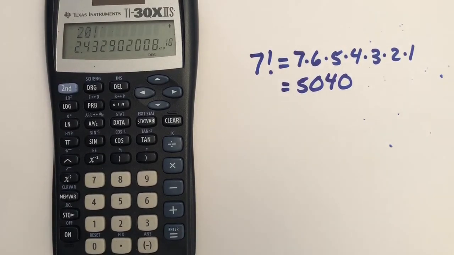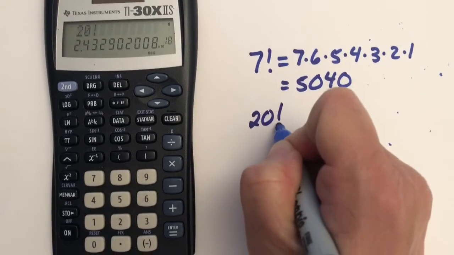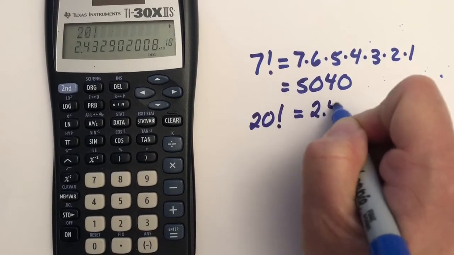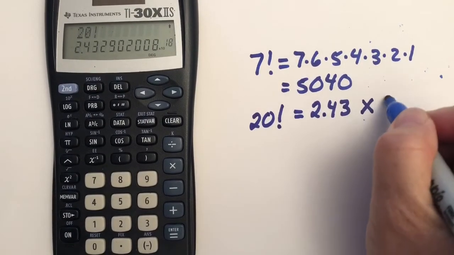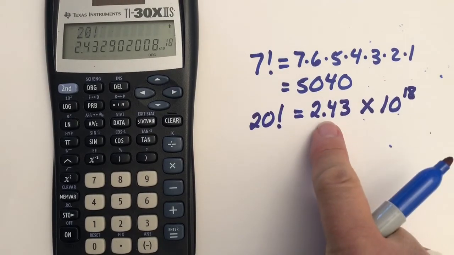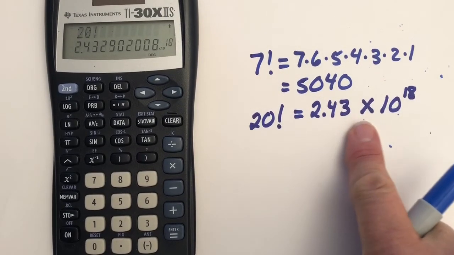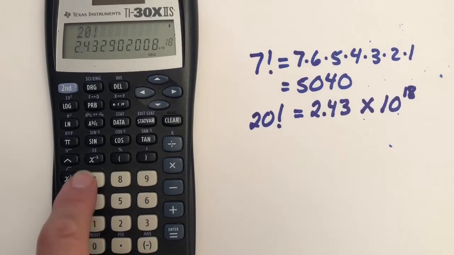You might not be able to see this, but it says 20 factorial is equal to 2.43, and there are more decimal places, times 10 to the 18th power. So if you were going to write this as a decimal, you would need to move the decimal place 18 places to the right. In fact, these numbers get so large so quickly when you're using factorial.